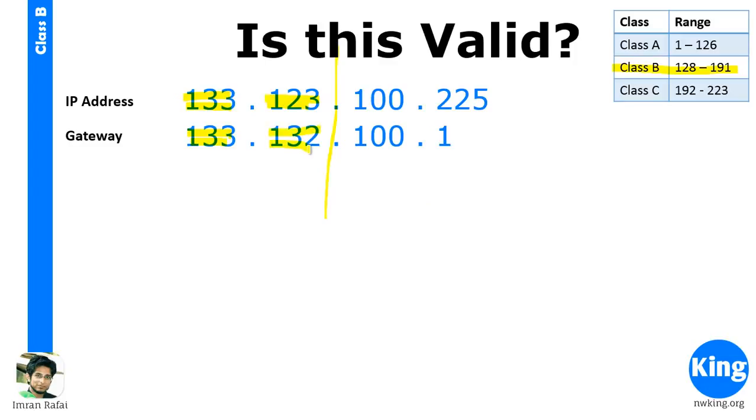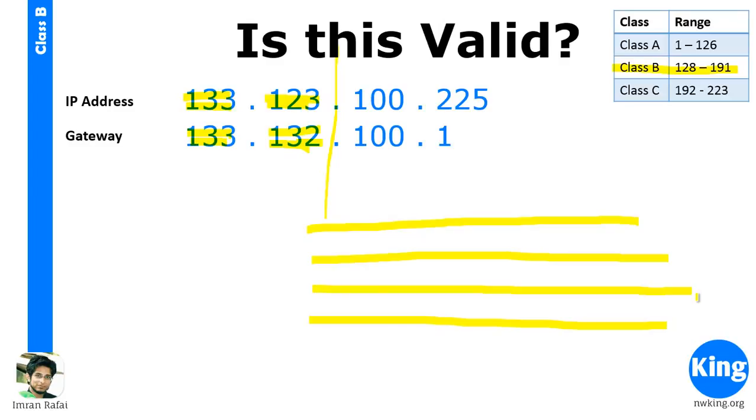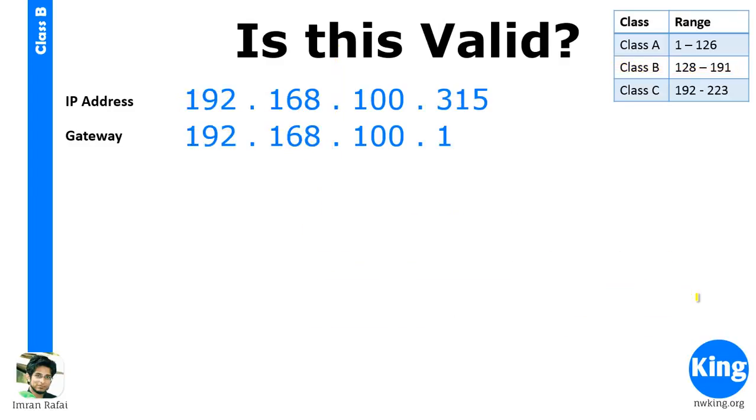No, the gateway is in a different network, so it is wrong. So if you see, this is the first ID and this is the last ID, or the network ID and the broadcast ID, and the valid IP addresses are between these ranges. But our gateway is wrong and it is not valid. Brilliant.